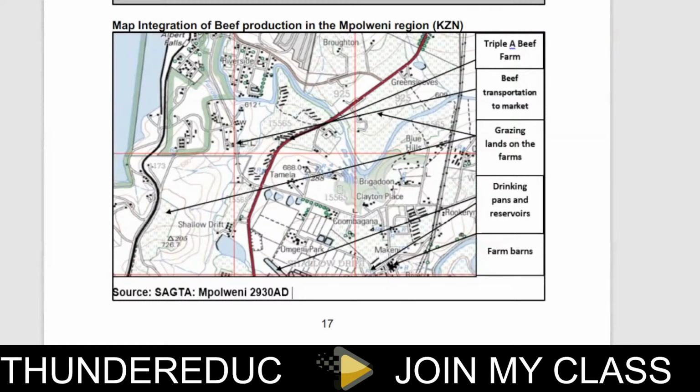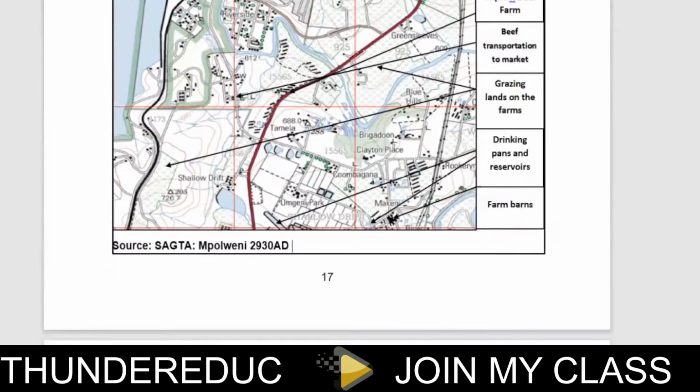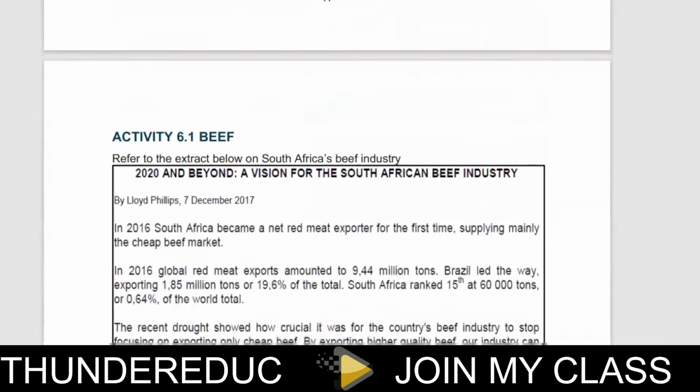These are the farms that are available for the growing of animals. Then we have provision of water from the rivers. Then we have the so-called drinking ponds and reservoirs that are built to provide water for those animals. So we are looking at all those aspects and interpreting them on the map.